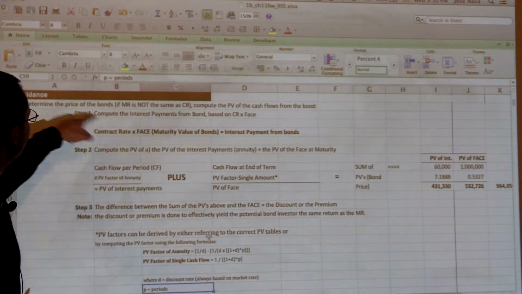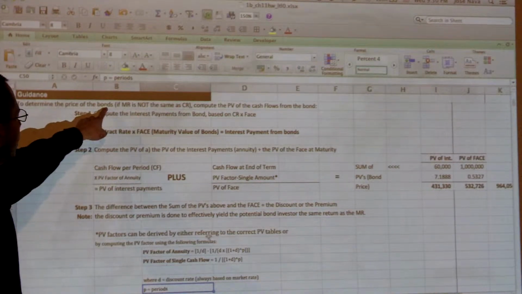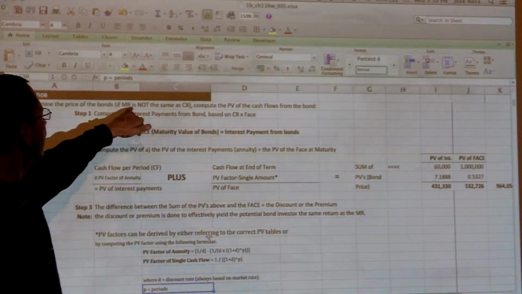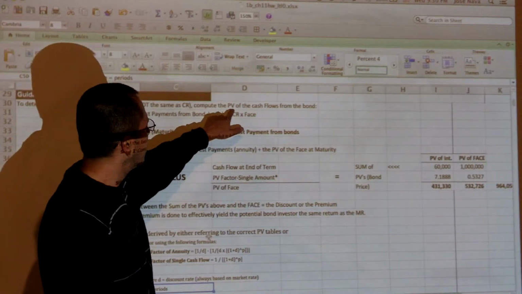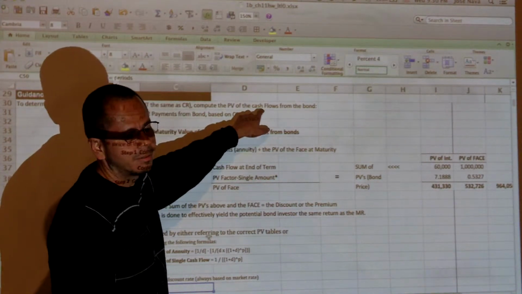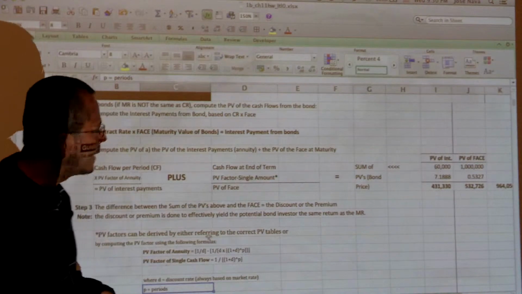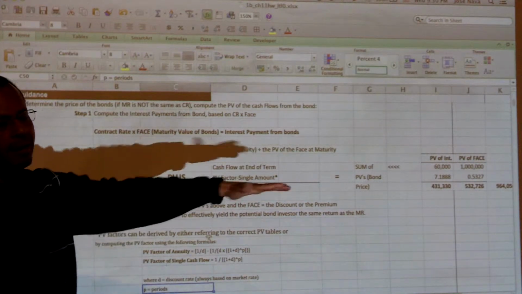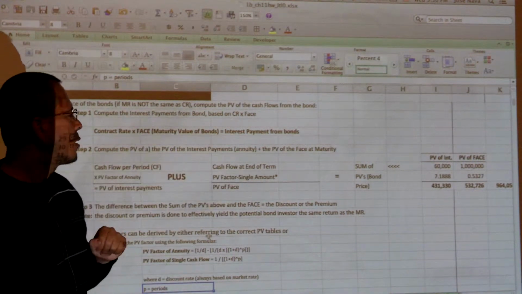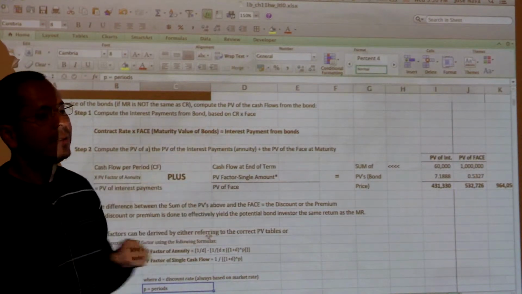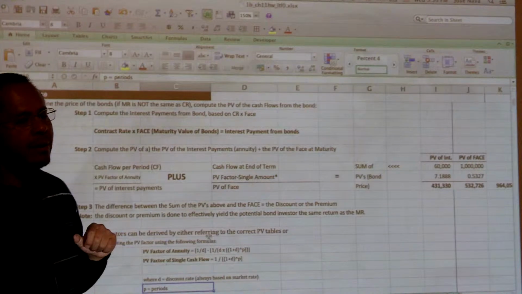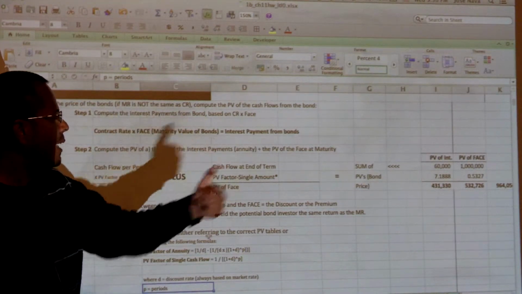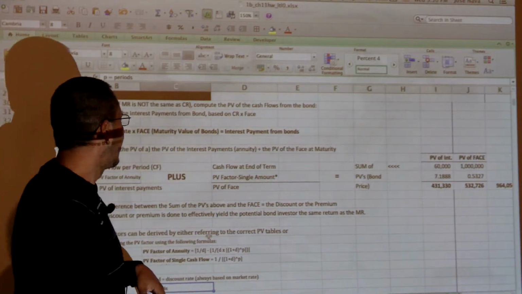I say to determine the price of bonds, if the market rate is not the same as a contract rate, compute the present value of the cash flows from the bonds. In this case, there are actually 11 cash flows. There are the 10 interest payments every 6 months, 10 times, and also the return of the $1 million face at the end of the life. So there's 11 of these cash flows.